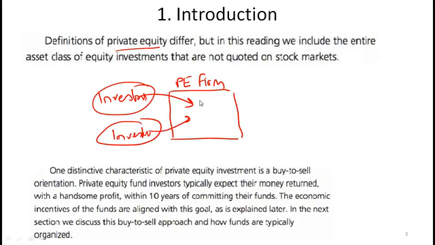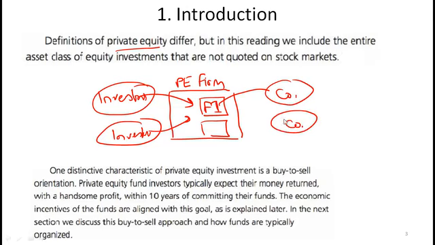A private equity firm will have several funds, private equity funds. Let's say this firm has Fund 1, and the company will define what sort of investments it will make. So various investors give money to a given fund, and then from this fund, investments are made in various private companies.